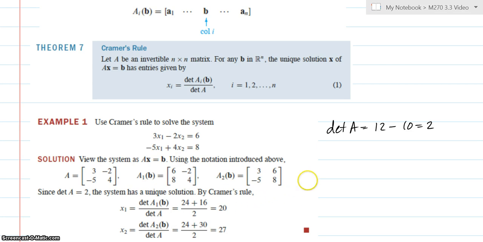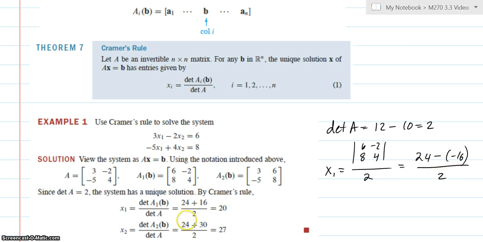Another notation that I sometimes use is this: x1 is equal to, I just write what it is. Again, I'm going to put the 6, 8 in the first column, and then leave the negative 2, 4 alone. We know that's a 2, and that's where they got 24 minus a negative 16. That's where they got the 20.